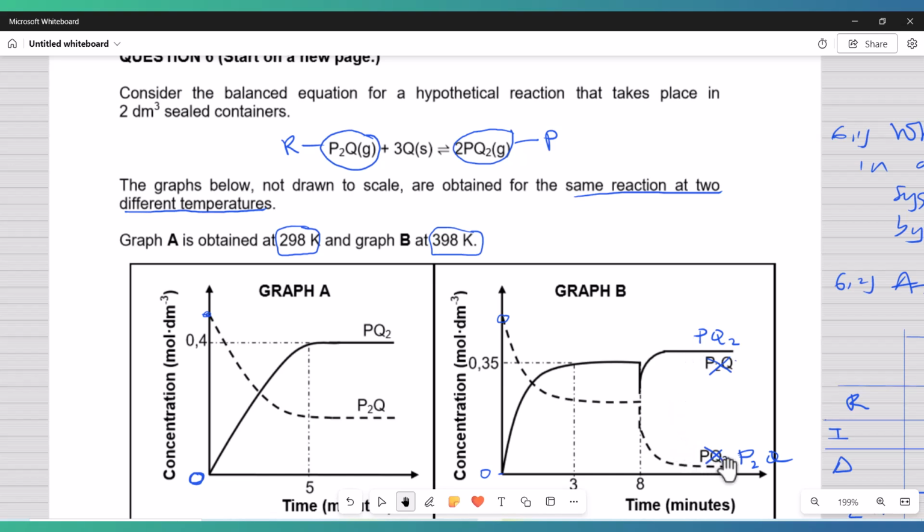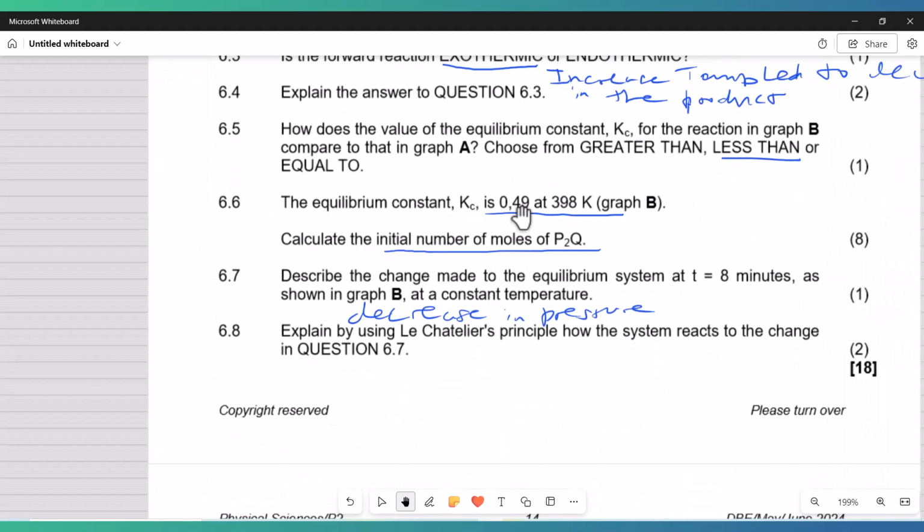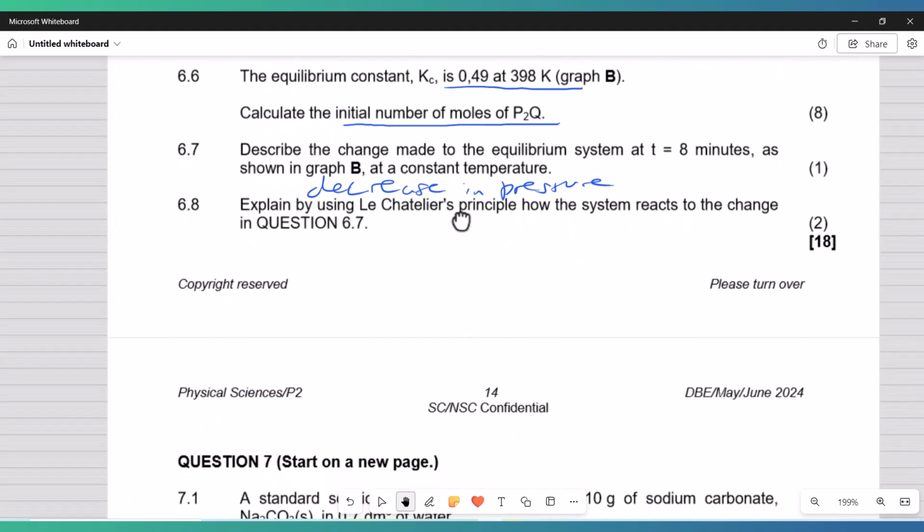So the reactant is being used up. So what do we say here? They say explain by using Le Chatelier's principle how the system reacts to the change. So the system favors, okay, the system favors the reaction with larger number of moles or with larger volume, okay?